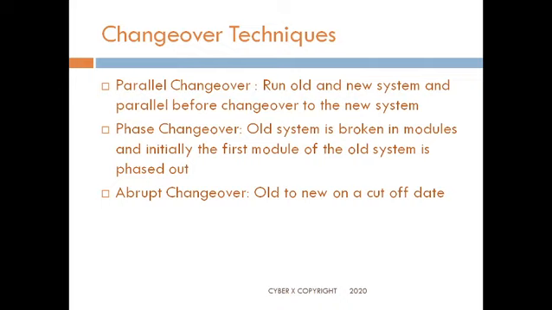You would have a phase changeover where the entire module would be broken down into small pieces, sub modules, and initially you would go about with each module. The first module would be taken up. And an abrupt changeover where you would specify, okay, from this date, irrespective of whatever, the changeover will happen. So basically it's structured into three.